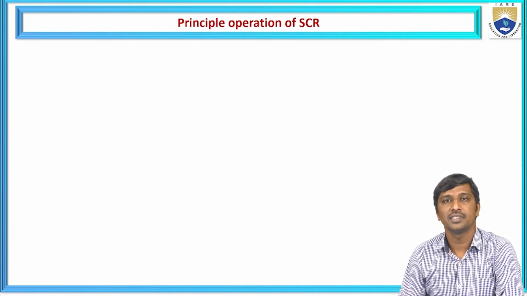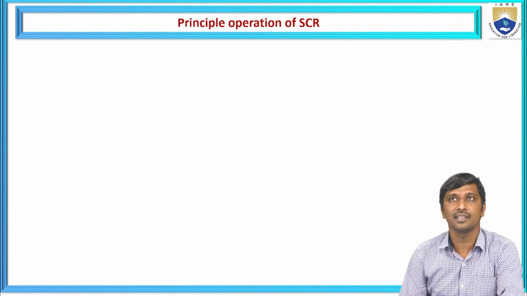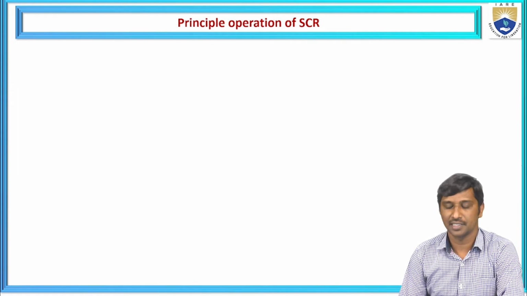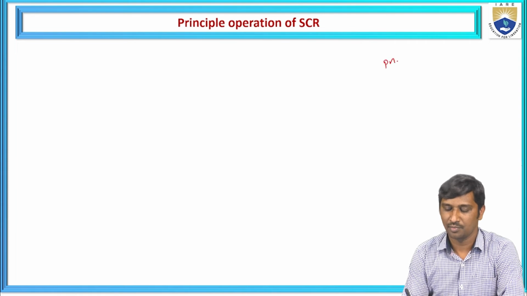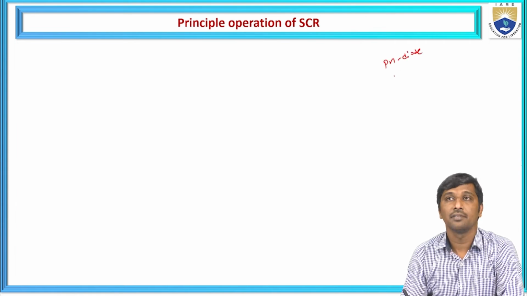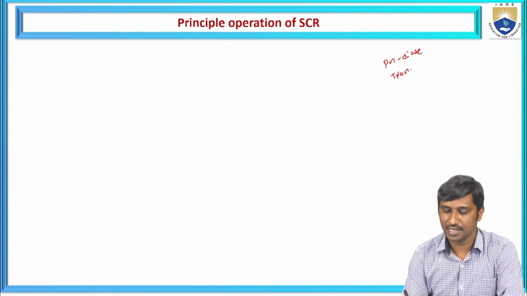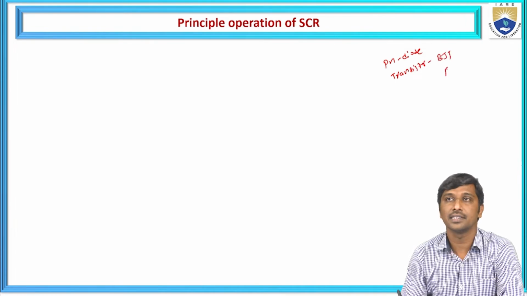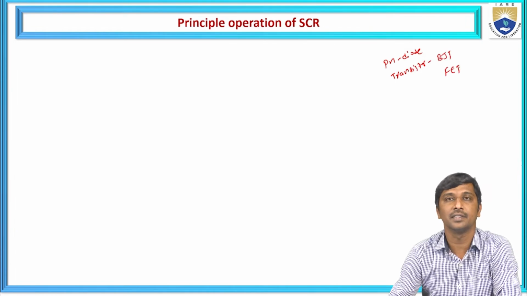Before this session, we observed some semiconductor devices like the PN junction diode, and we also observed transistors, the bipolar junction transistor as well as the field effect transistor.